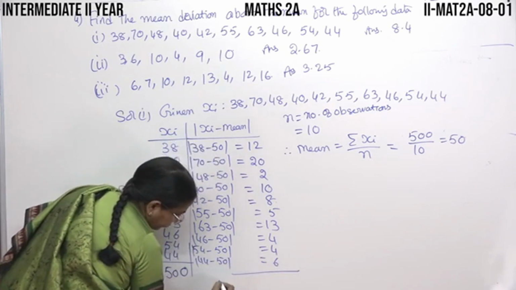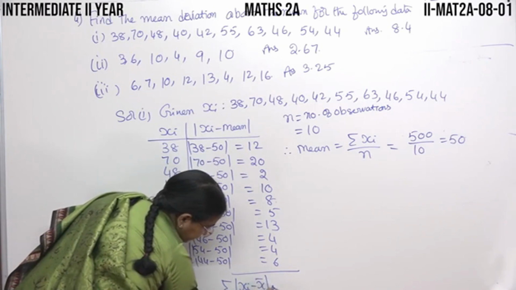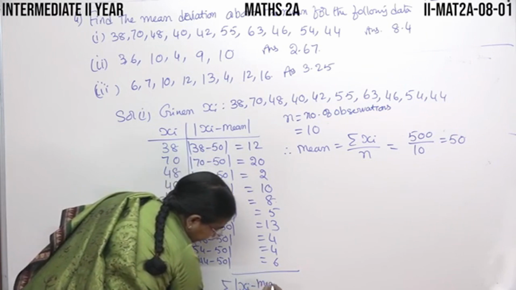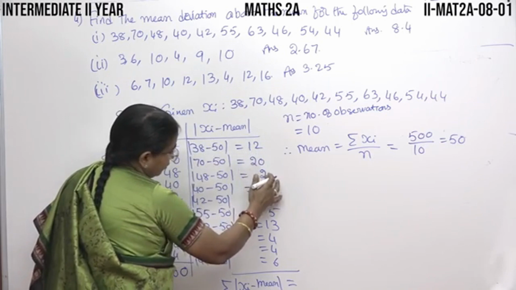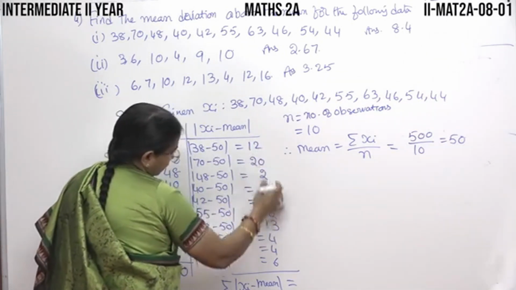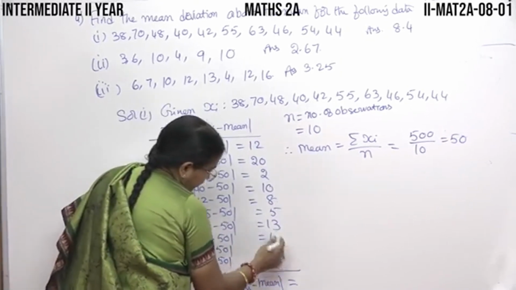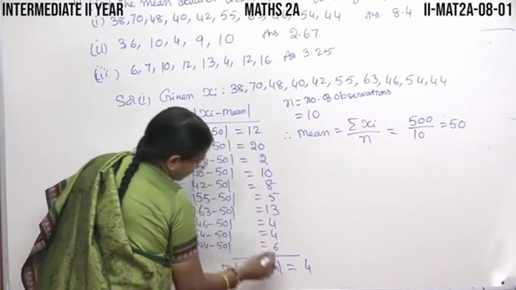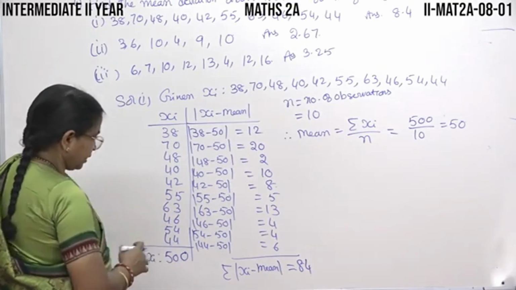Now add them. You will get sigma of mod of xi minus x bar, where x bar is the mean. Add them. So how much is it? You get 84.